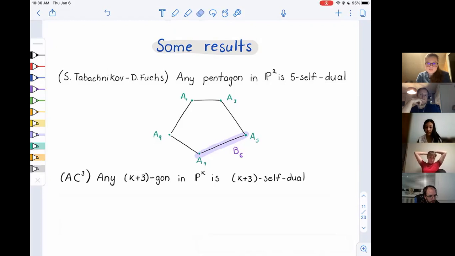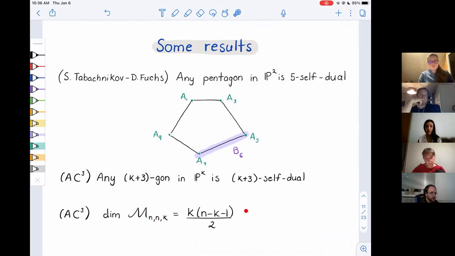And in general, what we can say about polygons that are M-self-dual with M vertices, when the shift and the number of vertices coincide, is that the dimension of this space is very nice. It's just this formula.